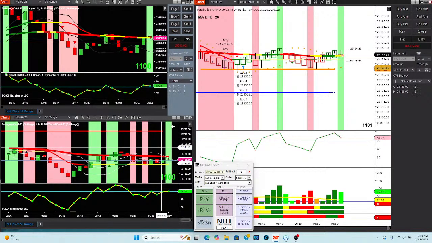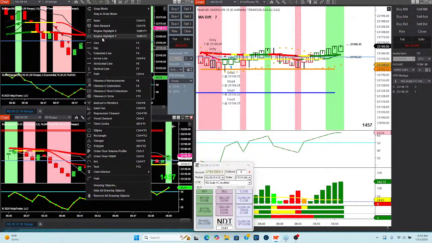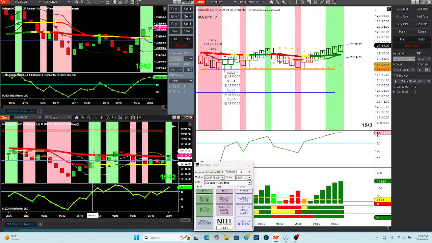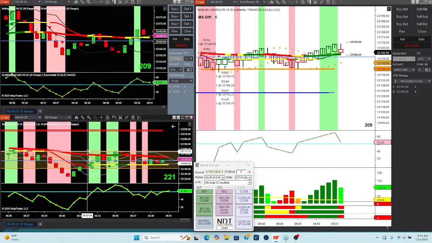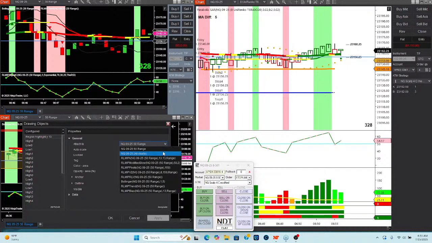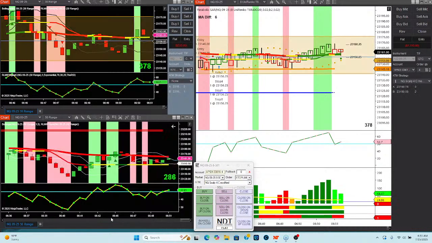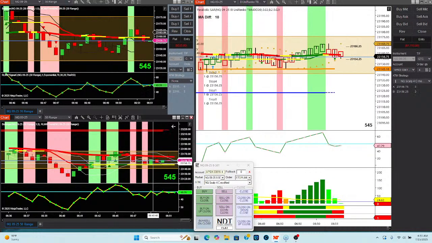Now there is something that you can do. I'm going to do it right here. Let me see if I get a chance to. I'll draw a region from here to here. See where it's all yellow right here?